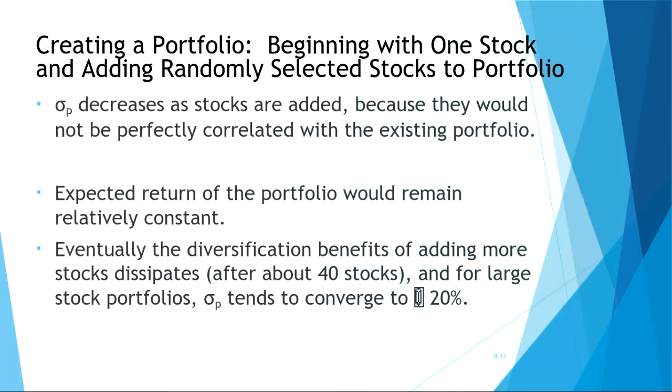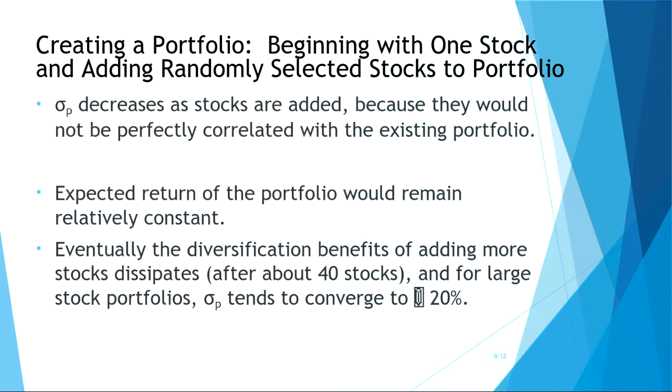So when you want to create a portfolio, instead of adding randomly selected stocks to your portfolio, you need to check the correlation, right? If it is perfectly positively correlated, it doesn't mean anything else. You cannot decrease your risk by adding those stocks to the portfolio.